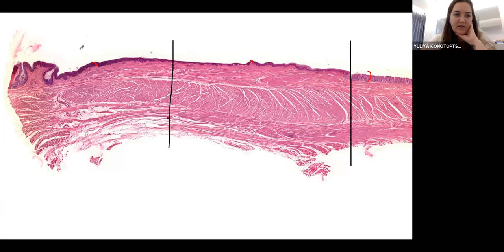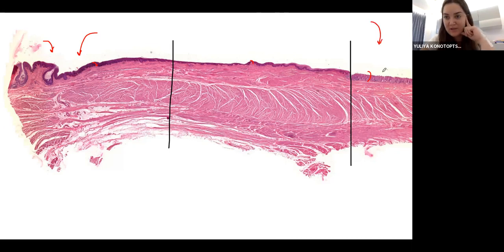So this one right here, even with this magnification, you can see that the top layer is kind of dark. It has like a dark line, so it has to be keratinized. If this is keratinized, that means that this is skin. So this area right here is your cutaneous zone, the lowest part of the anal canal. If this is the skin, that means that on the opposite end we have our colorectal zone.